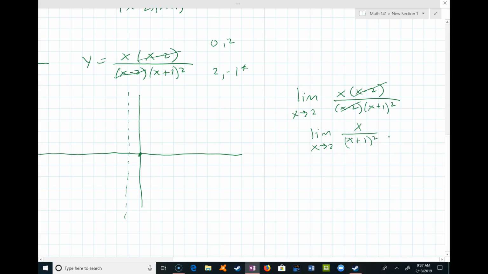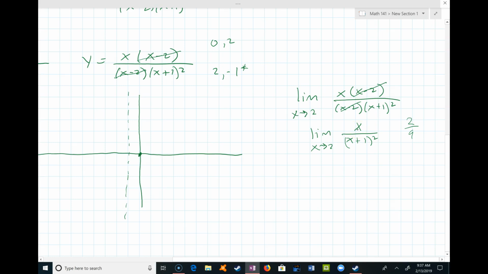So as x approaches 2, notice that this is getting closer and closer to 2, and this is getting closer and closer to 9, isn't it? Because if I plug a 2 in there, I get 3 squared. If I put in something smaller than 2, it'll be a little bit less than 3. If I put in something bigger than 2, it'll be a little bit more than 3. So this is getting close to 9, and same thing up here, this is getting close to 2.